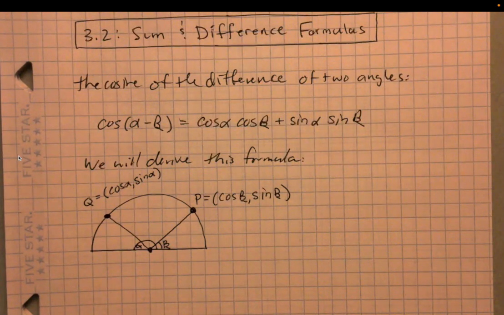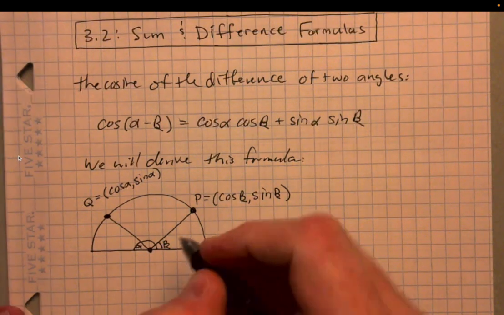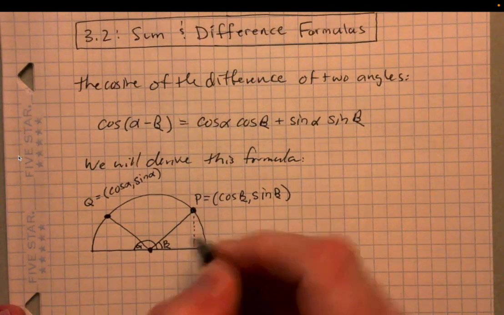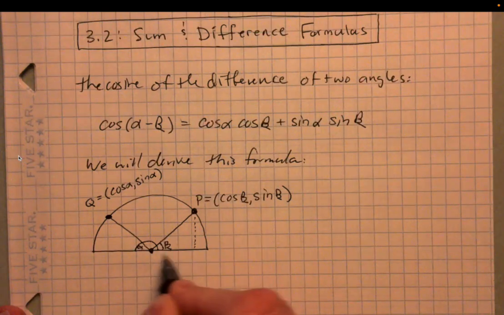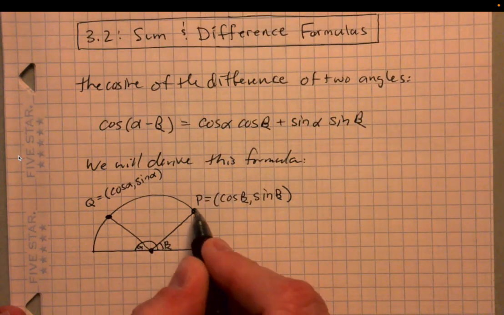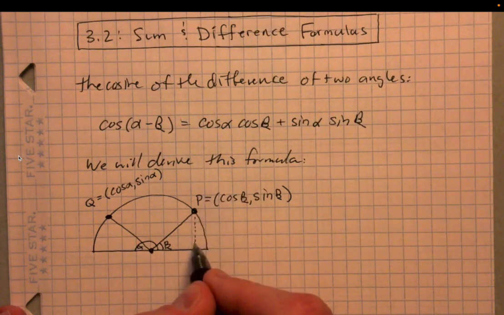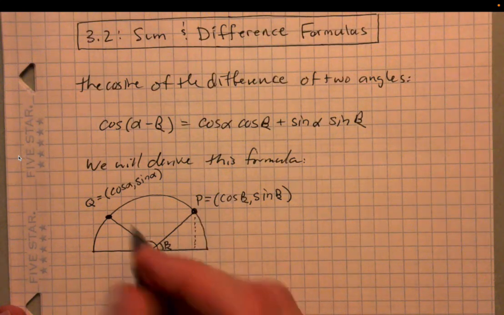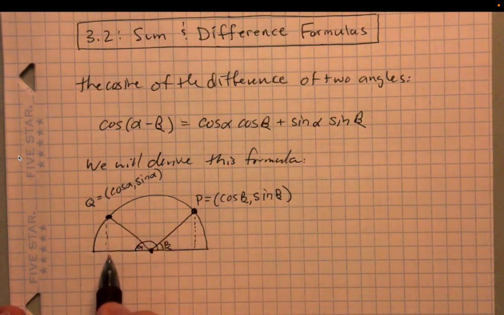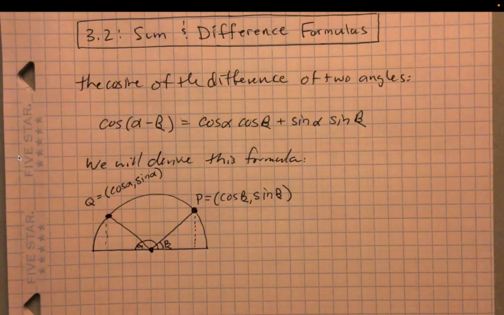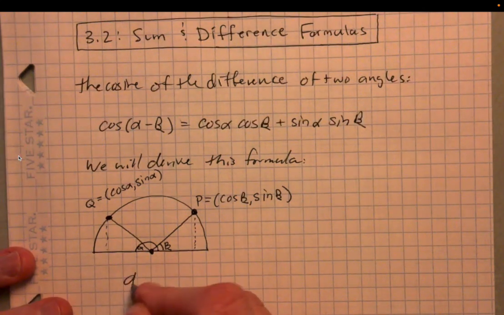Right, and so hopefully that's clear, right? You can think of this as having this sort of horizontal component, which is the cosine of beta, and this vertical component here, which is the sine of beta, and the same thing would work over here, right? You'd have the cosine of alpha and the sine of alpha. Okay, let's just call this diagram 1.